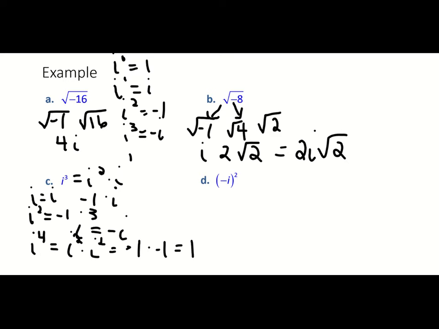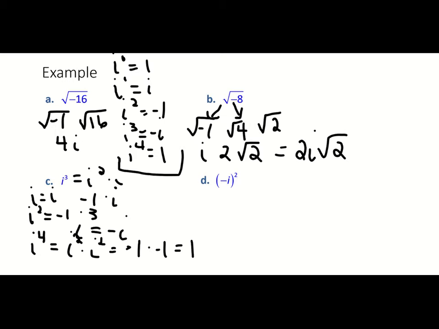And i to the fourth power is equal to 1. And I'm going to post another video to help you look at the powers of i and solving problems with higher powers, like i to the 36th power or i to the 47th. And we might also take a look at them in this video as well.